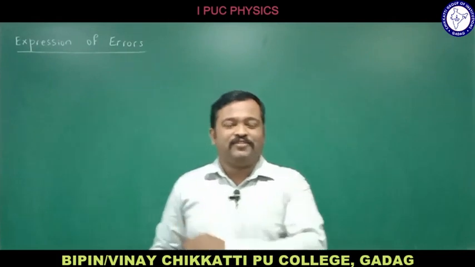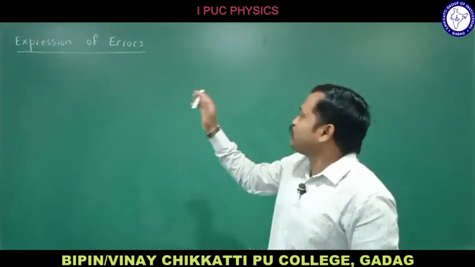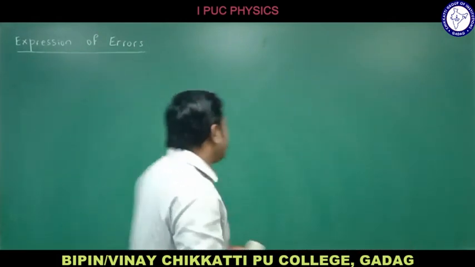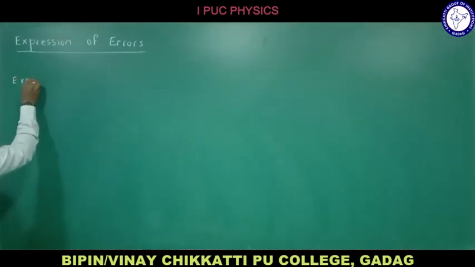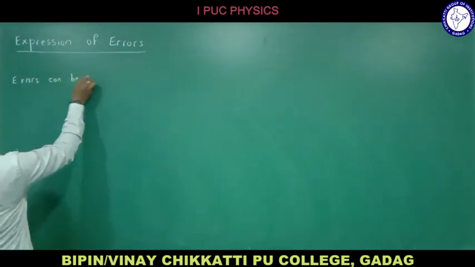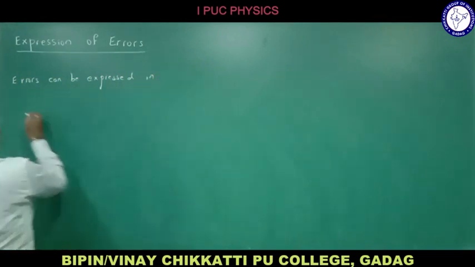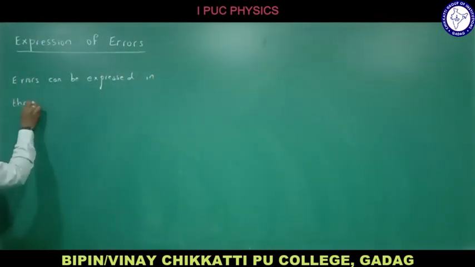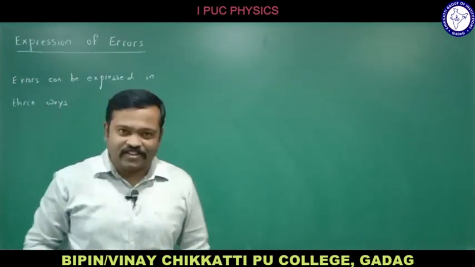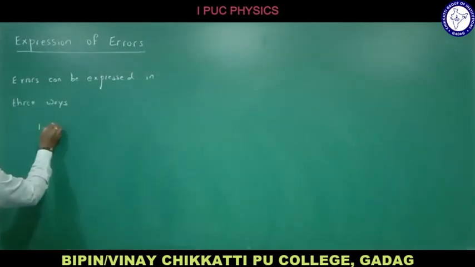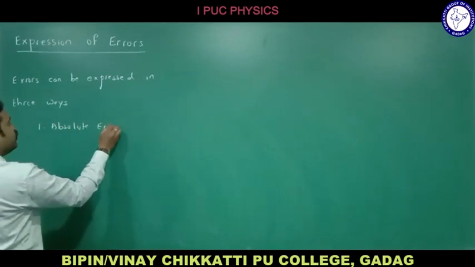Now, in this session, we will be learning how to express those errors, that is, expression of errors. Errors can be expressed in three ways. The first one is absolute error.